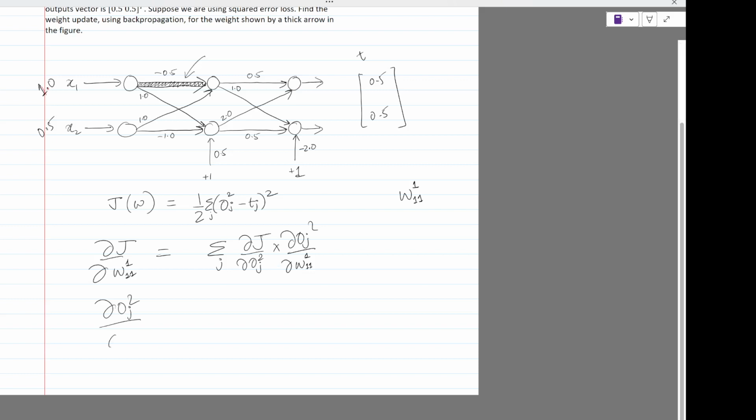And del O2j by del W11 is equal to, now each Oj is input from the previous layer. So del O2j by del O1j into... So I think I should take some other.